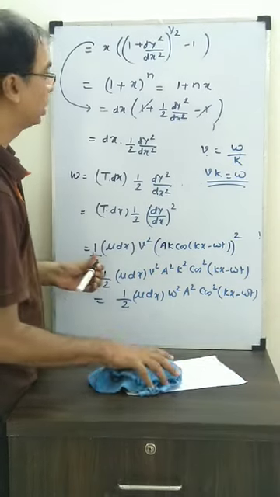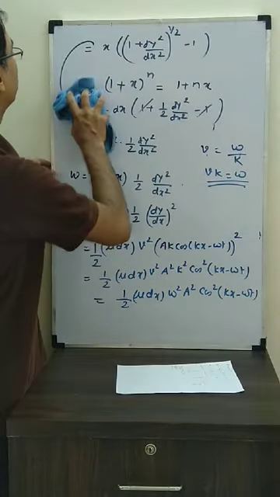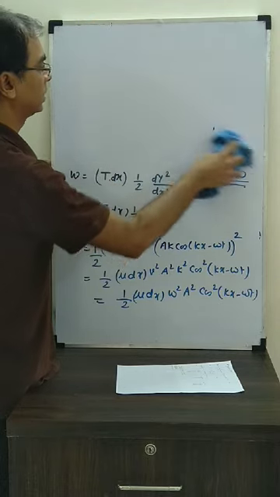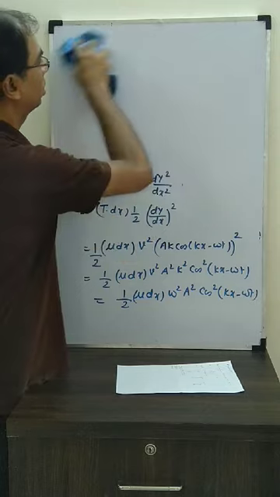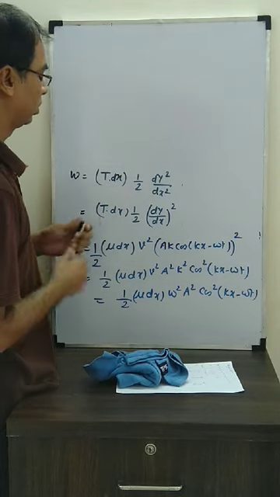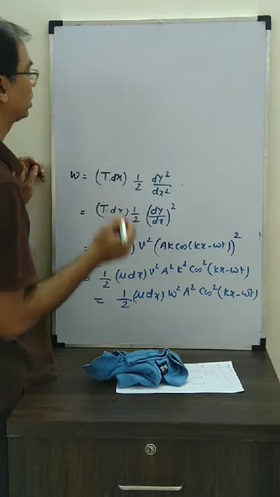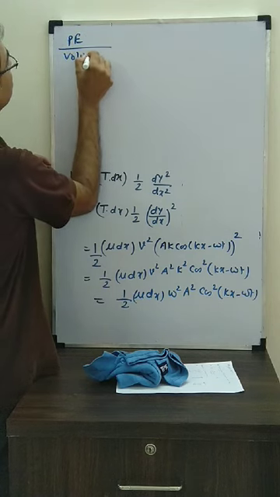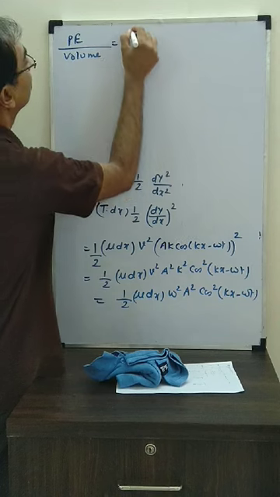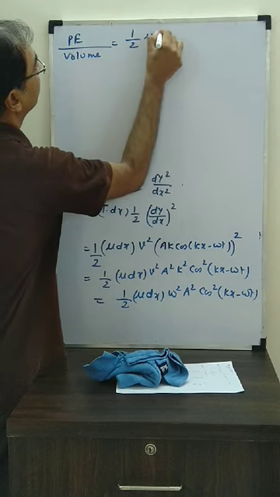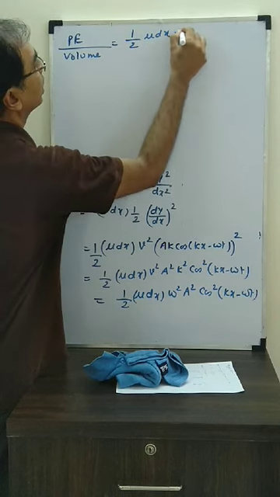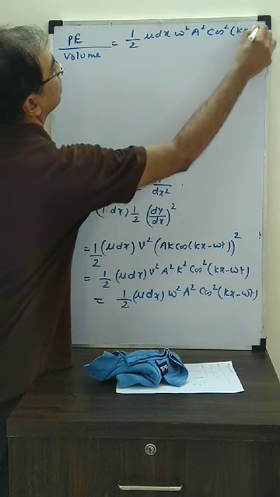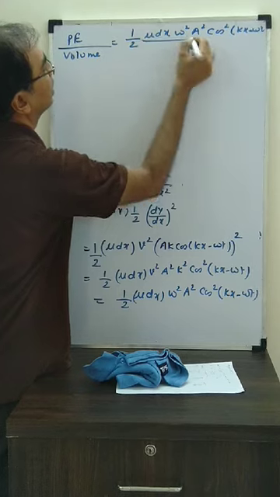Okay, so potential energy also we want to write per unit volume. So what we can do? We can divide it with volume on both sides. Correct or not? So let's divide both sides with volume and see what's coming. The potential energy per unit volume is half mu dx omega square A square cos square kx minus omega t divided by volume.